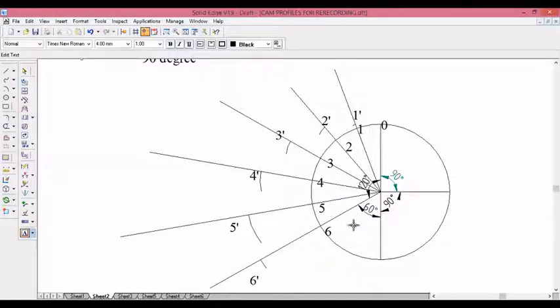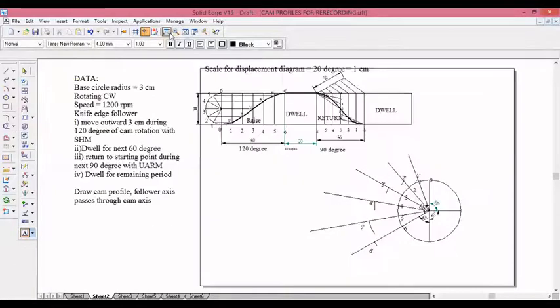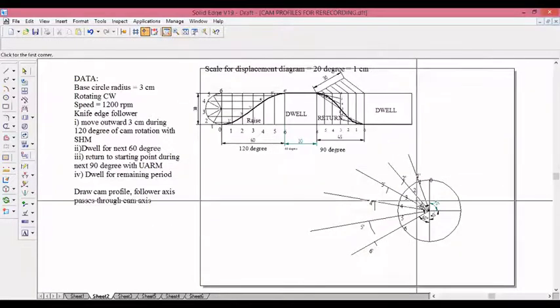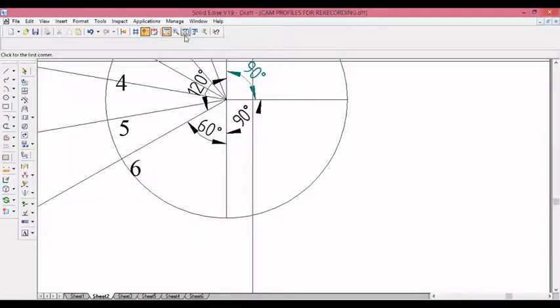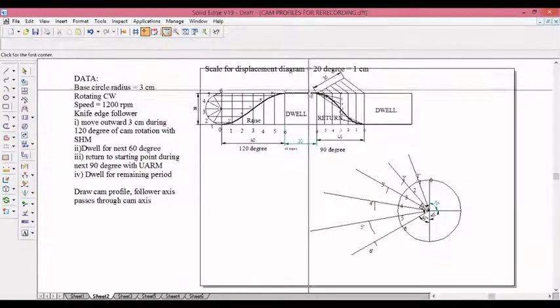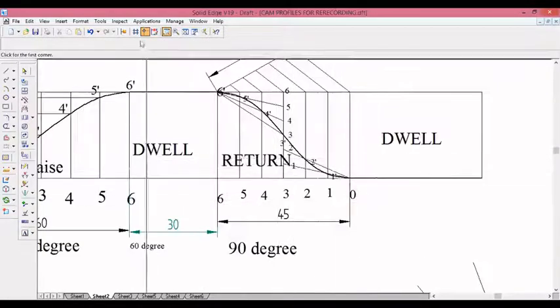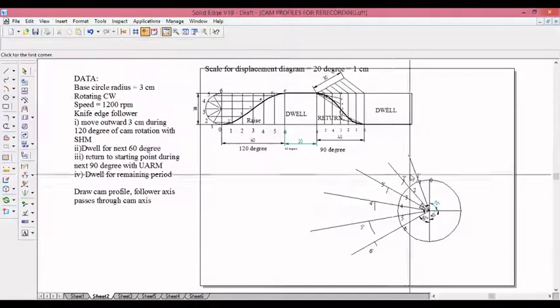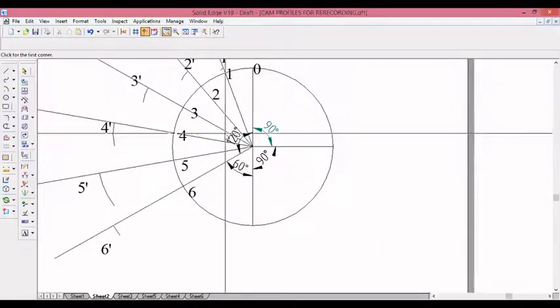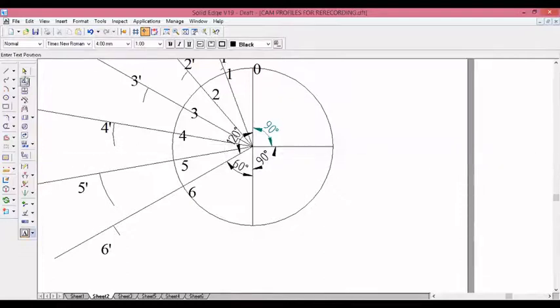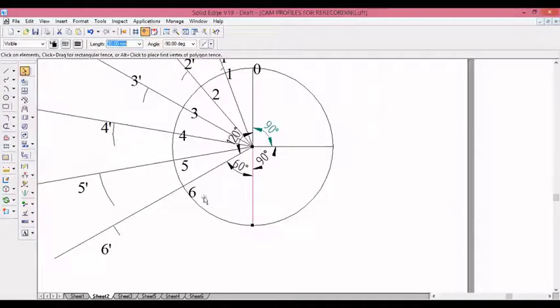Now the remaining, consider this 90 degree. We divided the 90 degree into 6 equal parts in displacement diagram. So we need to divide this 90 degree also into 6 equal parts. You use protractor, keep protractor on this vertical line, rotate by 15 degree.